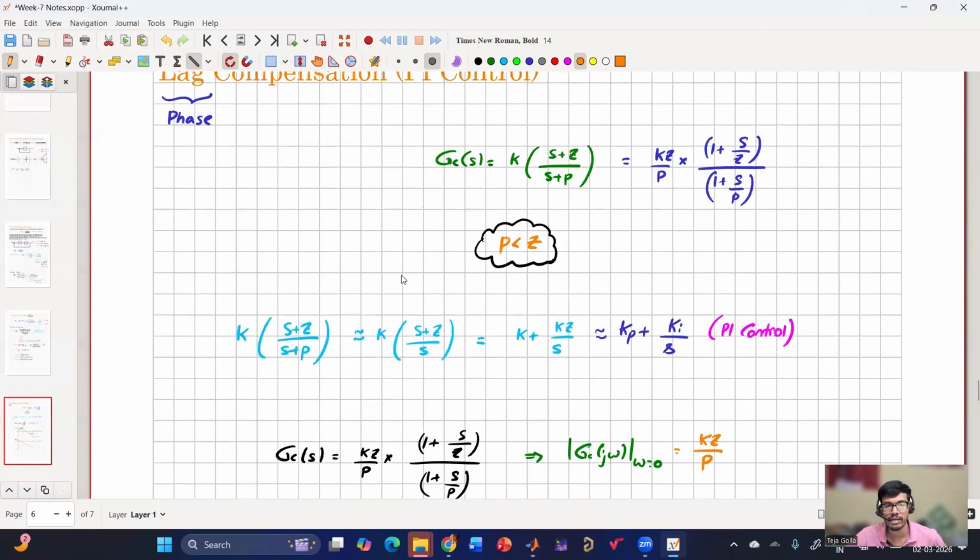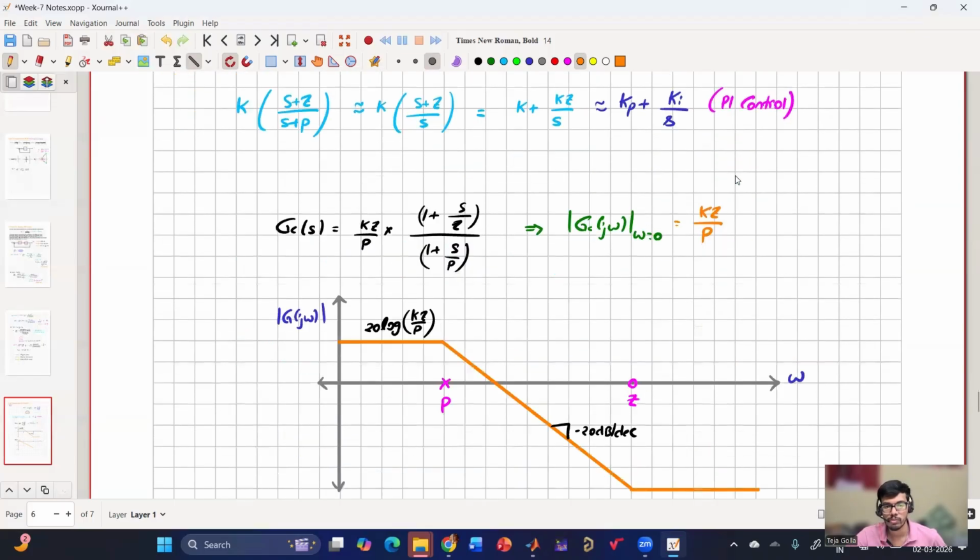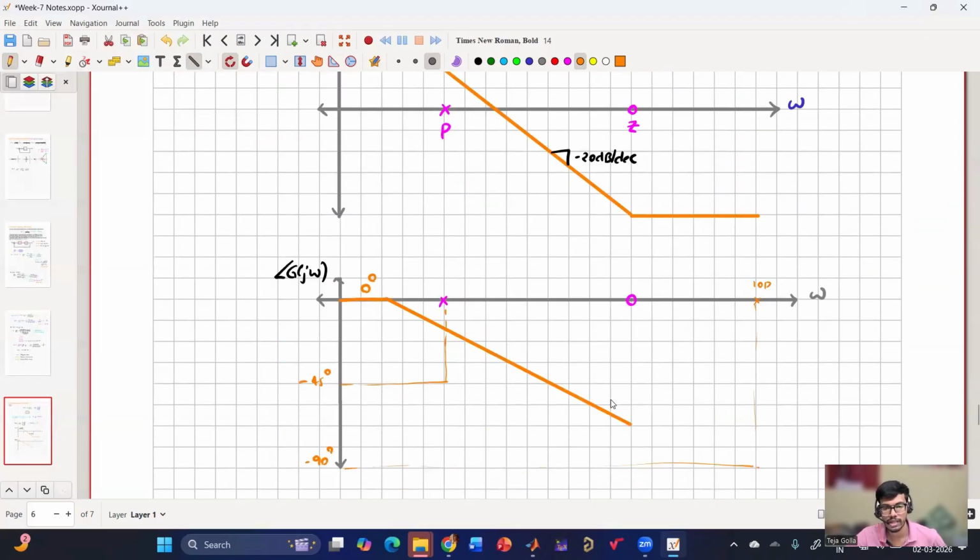So effectively both will cancel out and the phase will come back to zero at infinity. Because of the pole, it is falling down and then because of the zero, it will level up. So it will go something like this.